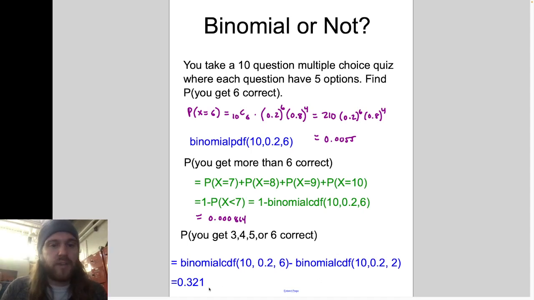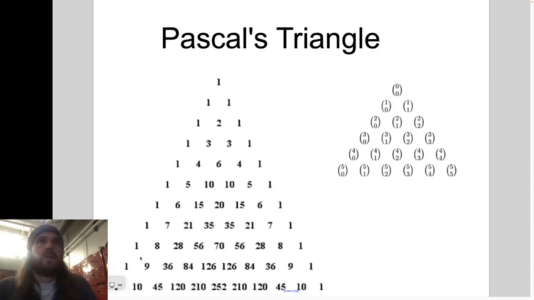I wanted to do one last quick comment on Pascal's triangle, right here. How does this relate to what we're doing? I don't know if you remember the Darius Washington example, but we had the coefficients on our situations of having 0 makes, 1 make, 2 makes, and 3 makes.